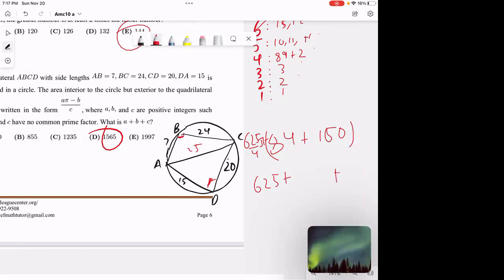And then c is 4. So that's, what was that, 234? 234 times 4 is 936, I believe, which gives us 940 plus 625, which is 1565, which checks out.